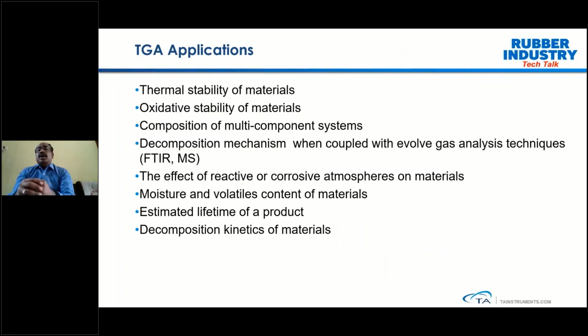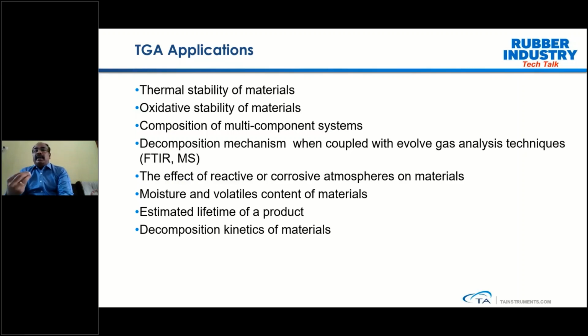Let's talk more about the key applications of what TGAs can do. As I said at the beginning, the major application is about thermal stability of the material. That is one of the key aspects, and that is something in terms of predicting the lifetime of your product. So suppose you have a polymeric material, a rubber polymer.